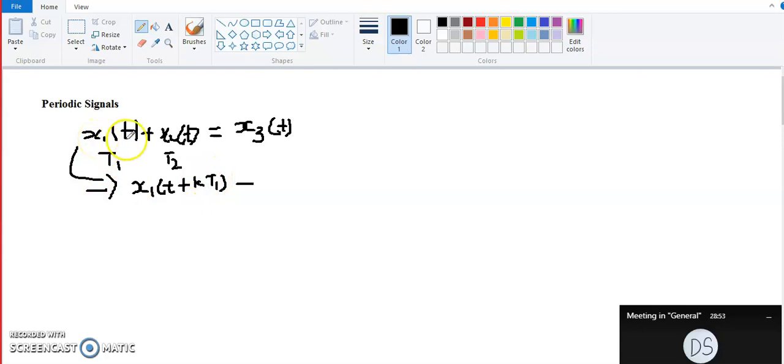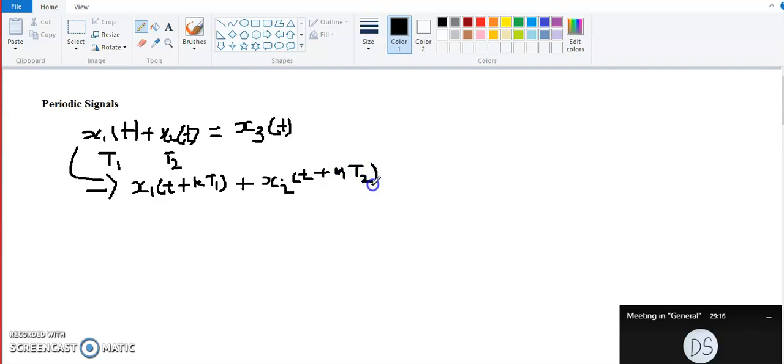So x1(t) will be equal to x1(t + kT1), where k is an integer. Similarly, x2(t) will be equal to x2(t + mT2).